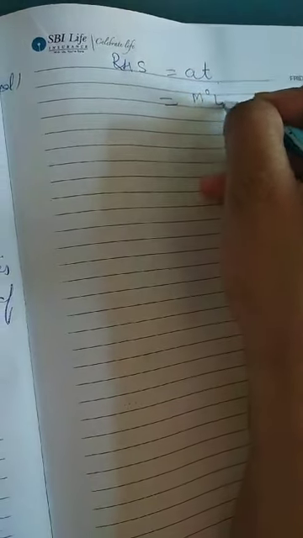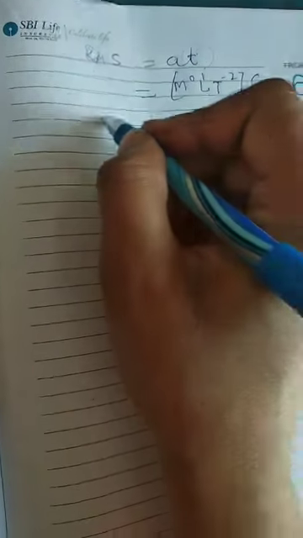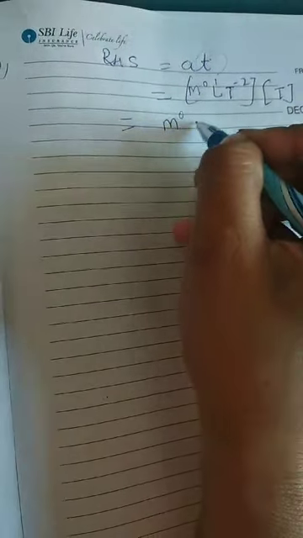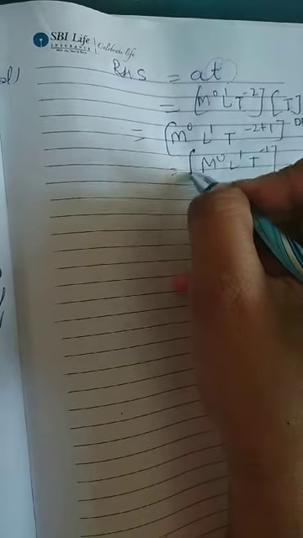Acceleration is M^0 L T^-2 into time, T. Clear? Now we will solve it. M^0 L^1. Both terms are multiplying, but their powers are added. T^-2 plus 1. It will be M^0 L^1 T^-1.